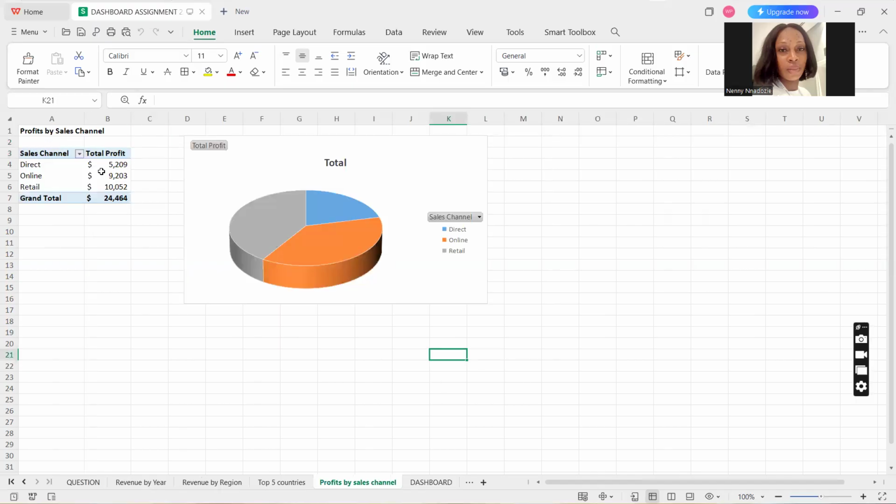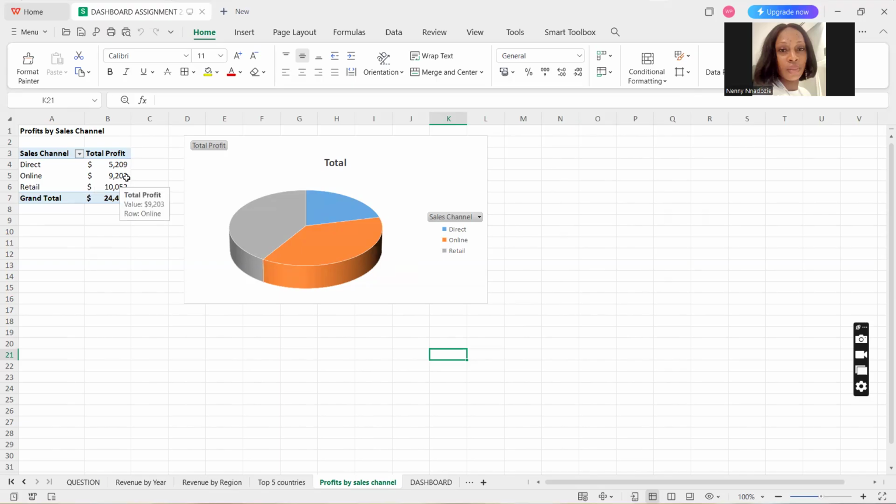Like I said before, we have 3 sales channels: the direct, the online, and the retail. This is a pie chart. The direct sales channel is the one in blue, and it has 5,209.